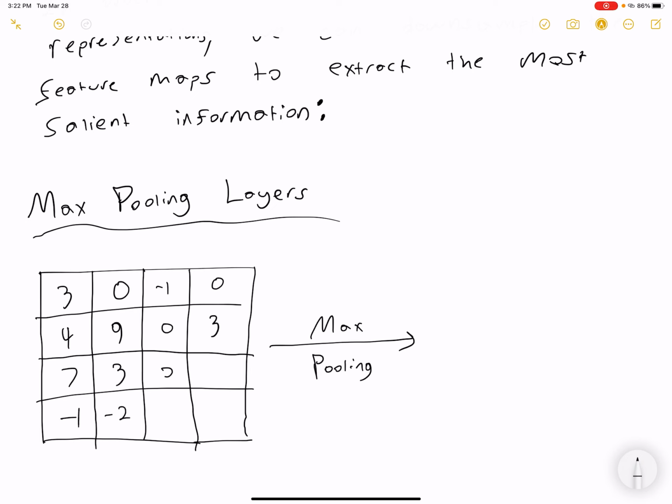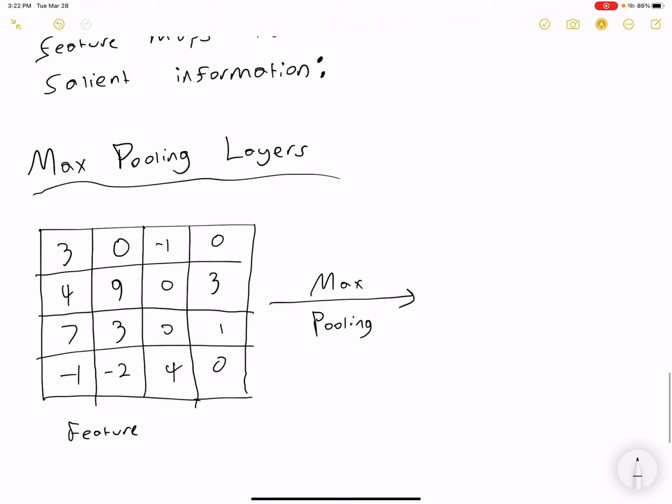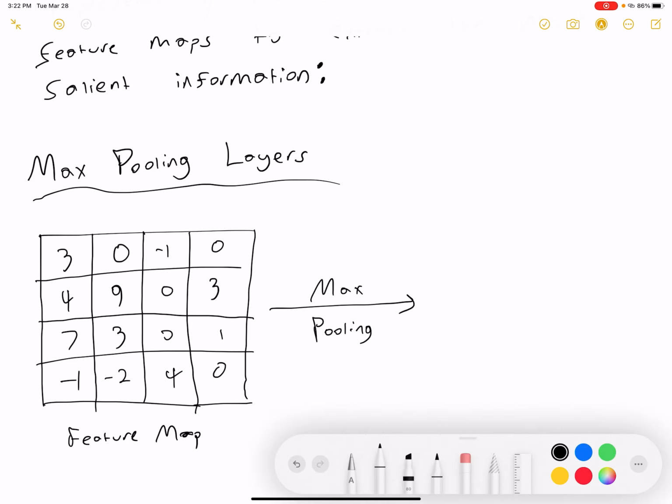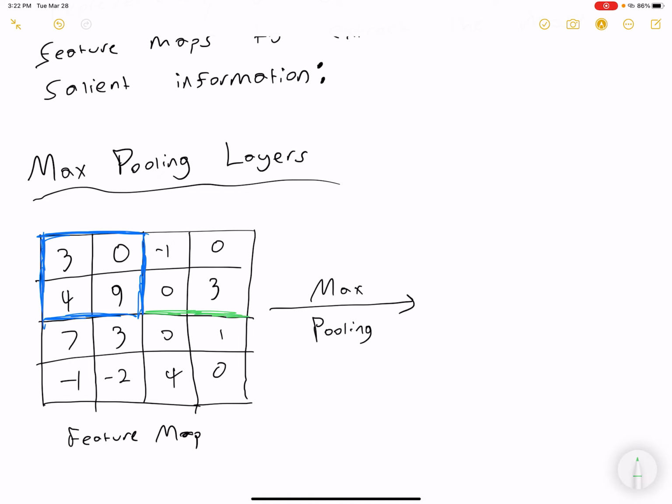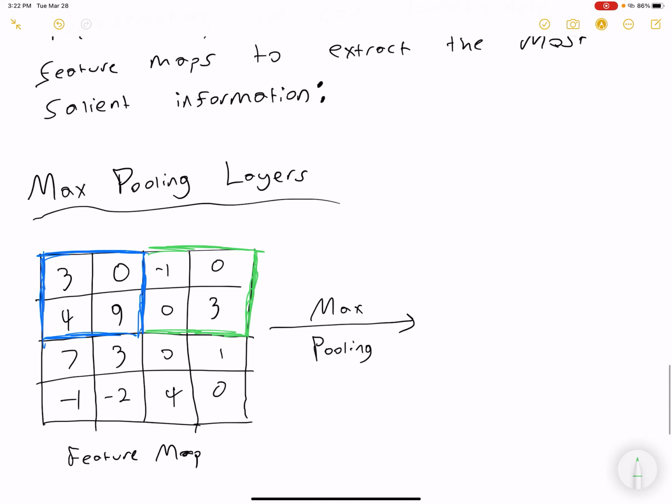So is what you're writing now a feature map? Yeah. So feature map example. What we do in max pooling is we look at windows just like we did with convolutional layers, and we take the max of each of those windows. So in this small example, we might look at these windows.